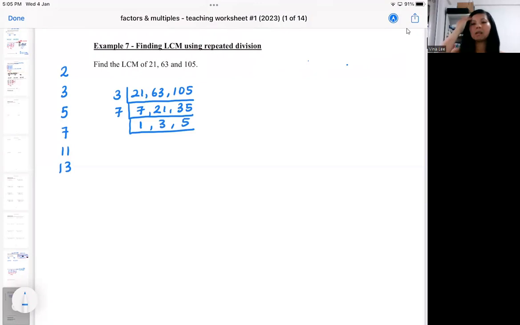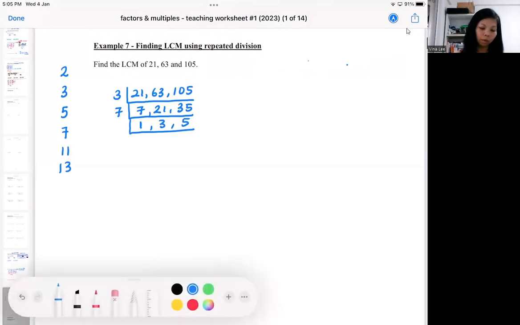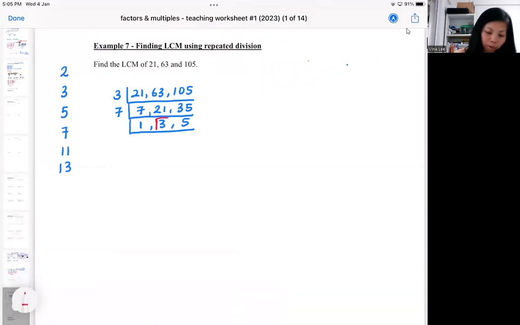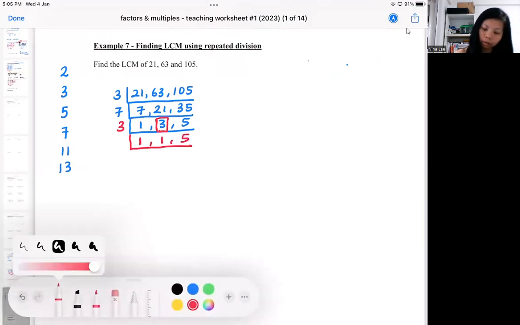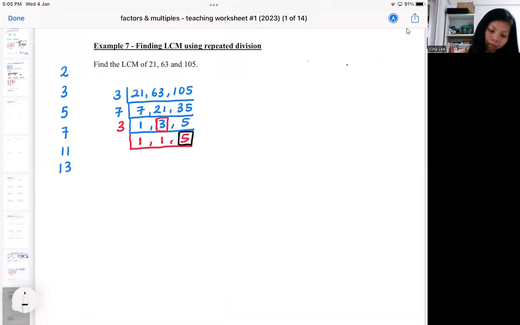For highest common factor, you will actually stop here already because you couldn't go on anymore. But for LCM, you continue until everything becomes a 1.